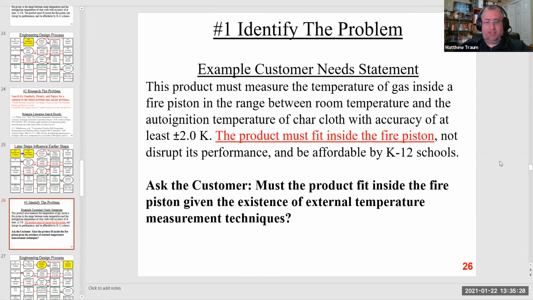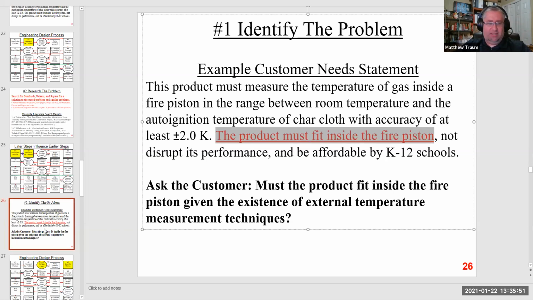And so, this is a situation where, as a design engineer, you would actually have to go back to the customer and ask, in this case, must the product really fit inside the fire tube, given the existence of external temperature measurement techniques? Is there some reason that's compelling other than putting a sensor inside to measure the temperature directly that you might need this as part of the customer needs statement?